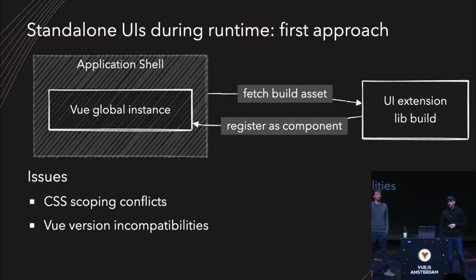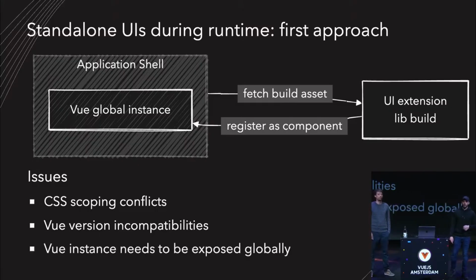Another problem was that in order to make this work, we had to expose the application, the Vue instance, into the global window, which did not provide technical difficulties, but it's still a potential security issue, right? Because it's just exposed in the window object. So we had to take a different approach to solve this problem.